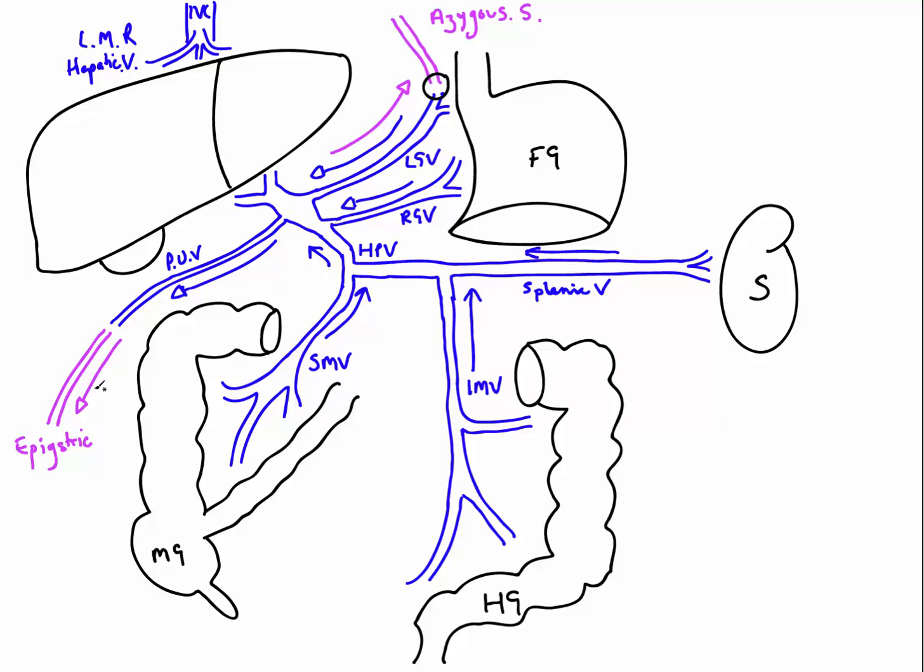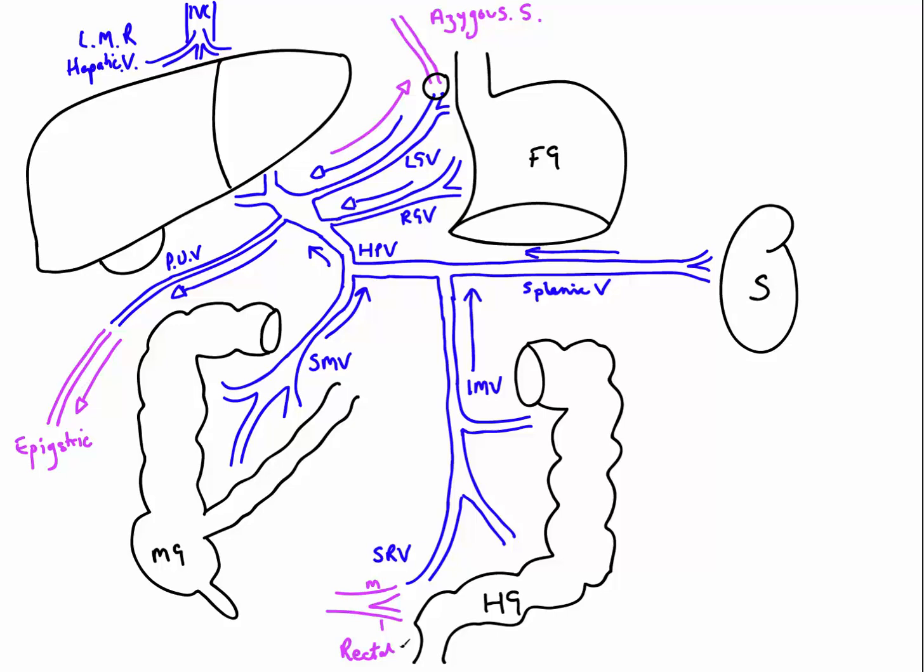Another portal systemic anastomosis occurs between the superior rectal vein, which we can have here, the superior rectal veins, and the anastomosis this forms with the middle and the inferior rectal veins. So here we can draw the middle and the inferior rectal veins.